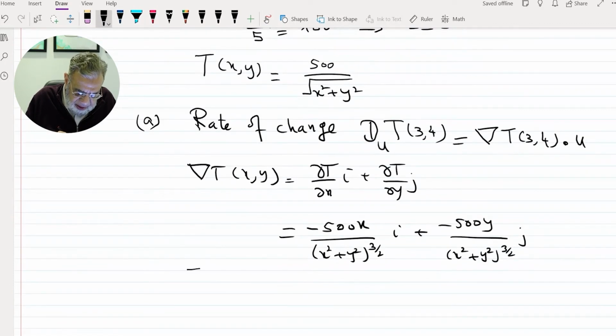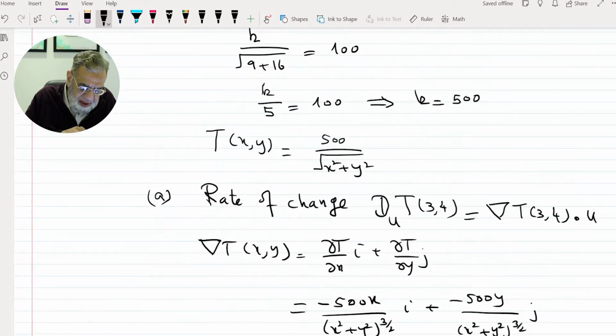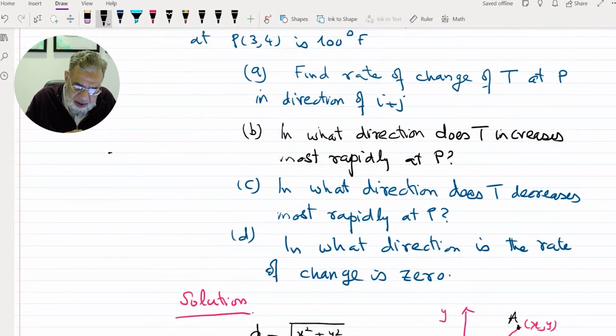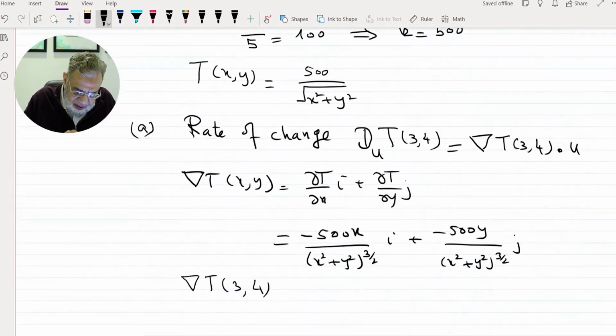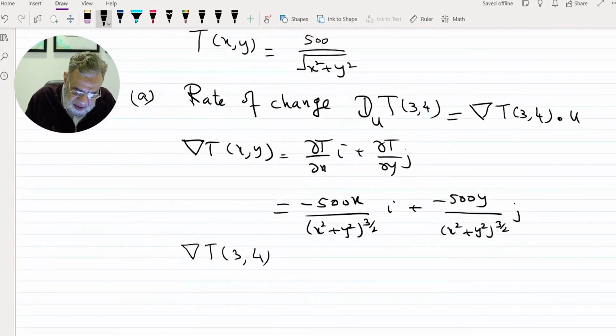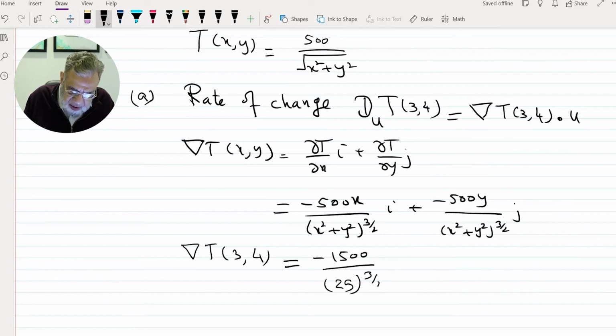Now I find the gradient at the point x equal to 3, y equal to 4, at the point (3, 4). I recheck my point again, so this is very important. So we have point P is (3, 4), and here we put the values x equal to 3 and y equal to 4. So I will get here minus 1500 over 9 plus 16, 25 to the power 3 by 2, i plus minus 500 multiplied by 4, which is 2000, over 25 to the power 3 by 2, j.